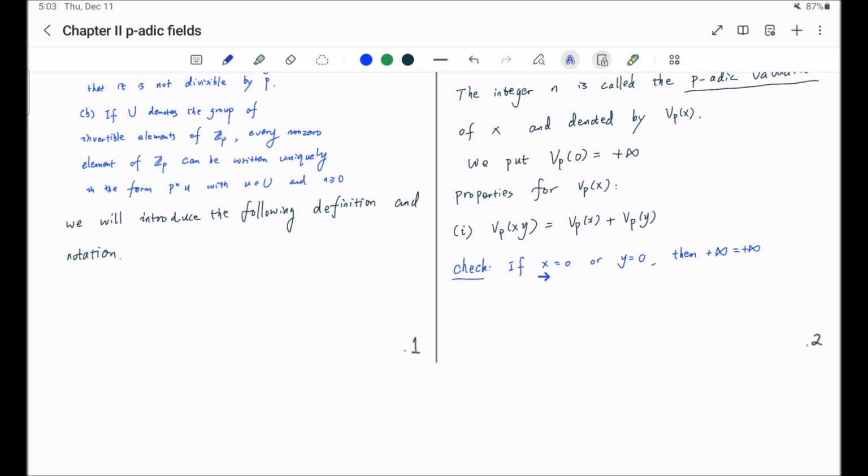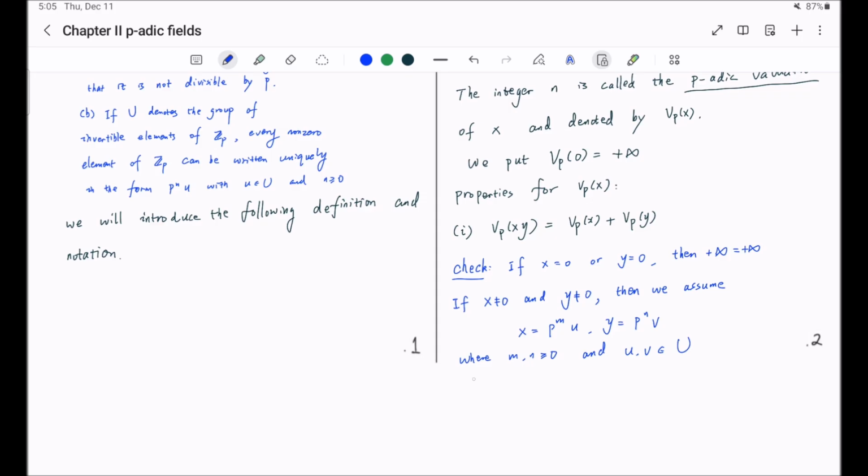And now suppose both of them are non-zero. Then we may factorize them as follows: x equal to p^m u and y equal to p^n v, where m and n are non-negative integers and u and v are invertible elements in Zp.